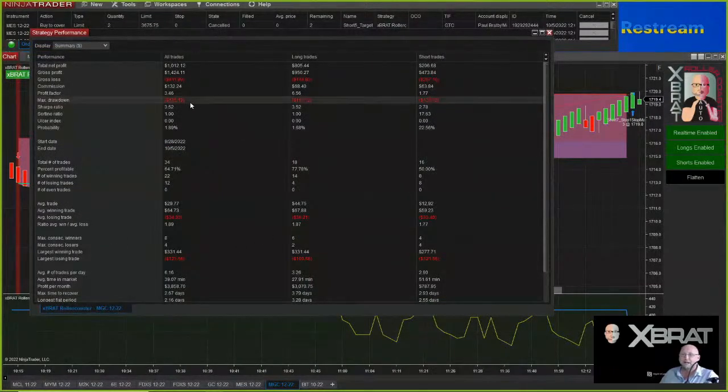So max drawdown, minus 135. So we had a big winning day yesterday for this one. Okay, so we've got percentage profitable 64.71. Average winning trade 44.75.